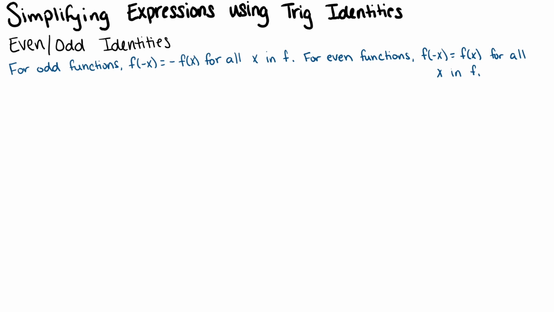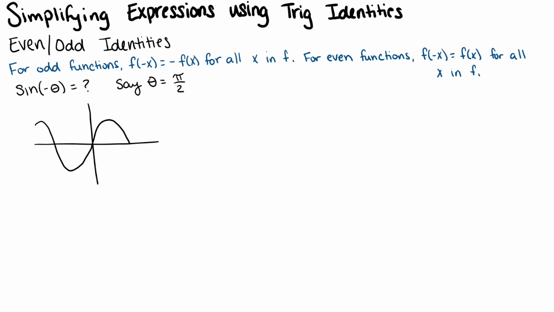So if we think about this in the context of our trig functions, let's start with sine. What is the value of sine of the opposite of theta? Let's say theta is equal to pi over 2. Let's think about the graph of sine. The sine graph looks like this, where we have our pi over 2 value here, and this is our negative pi over 2.